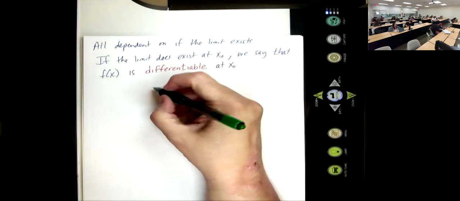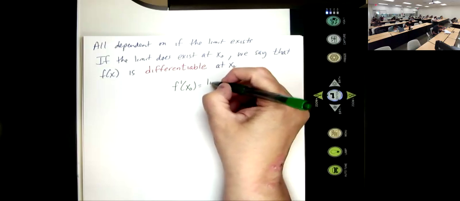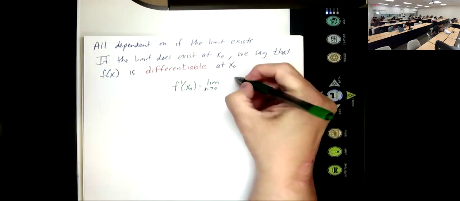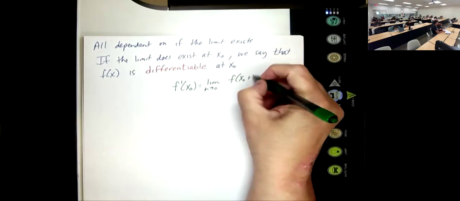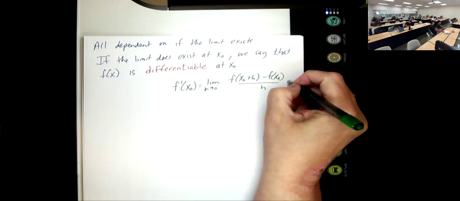So like, f prime of x naught equals limit as h goes to 0 of f of x naught plus h minus f of x naught over h exists.